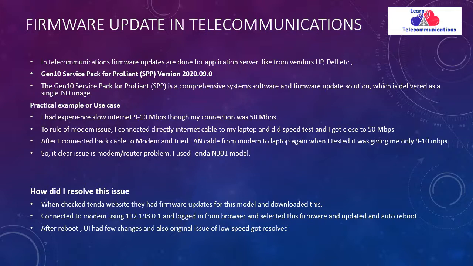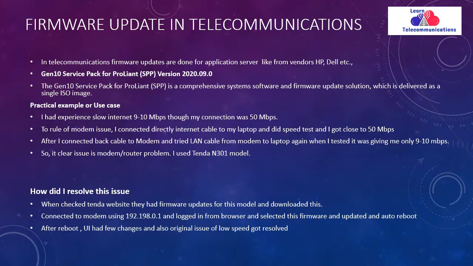How did I resolve this issue? Basically, I went to the Tenda website and checked if there was any firmware update for this model, and I found there was a firmware update already available, and I downloaded the package.